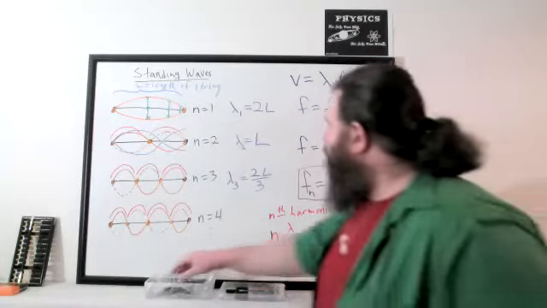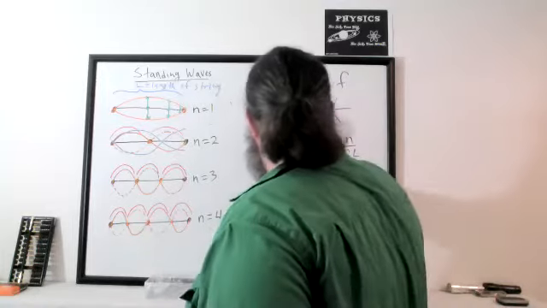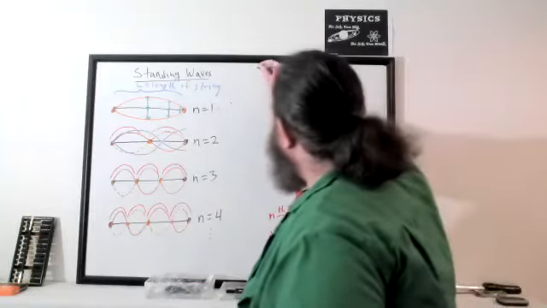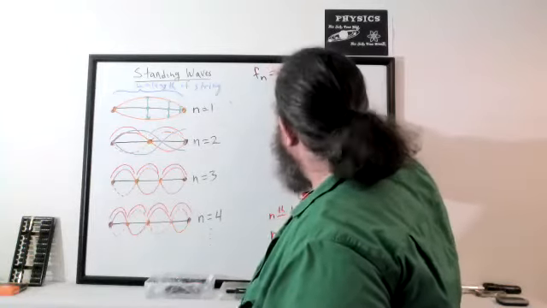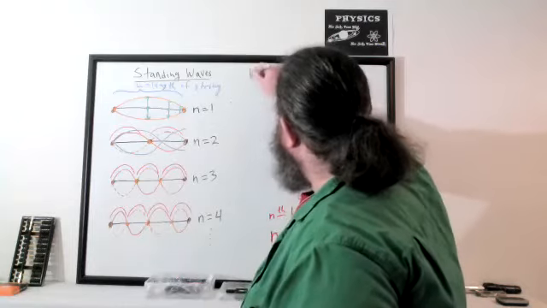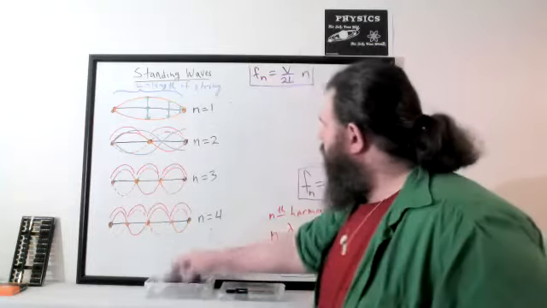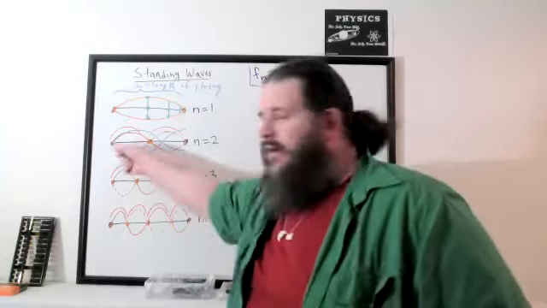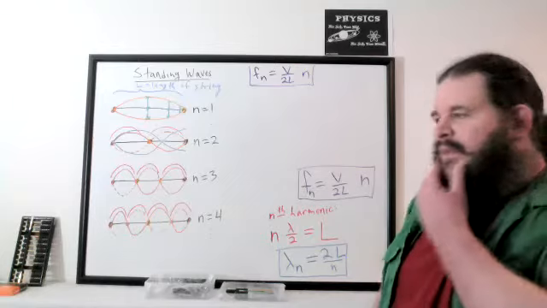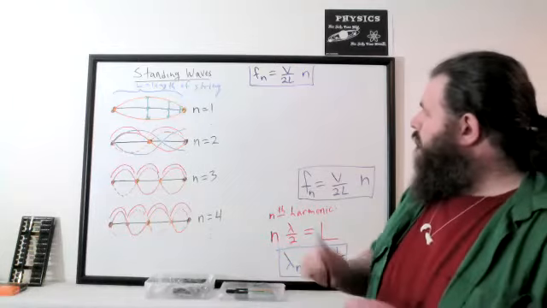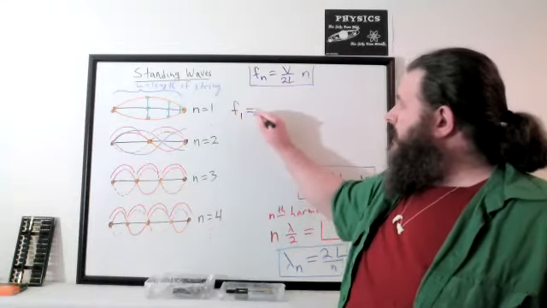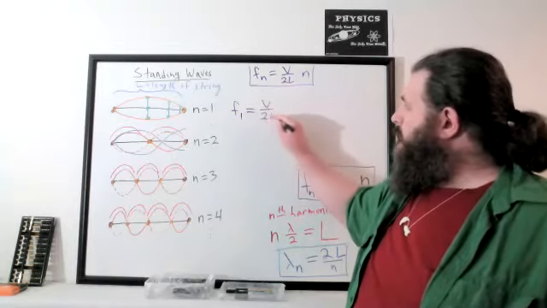So let's list these out as frequencies. We found that in general, the frequency of the nth harmonic is going to be V over 2L times n. And this is specifically assuming that the endpoints are both fixed. If you have a different situation, that might not still apply. But let's list those out. Frequency of the first harmonic, also called the fundamental frequency, would just be V over 2L.